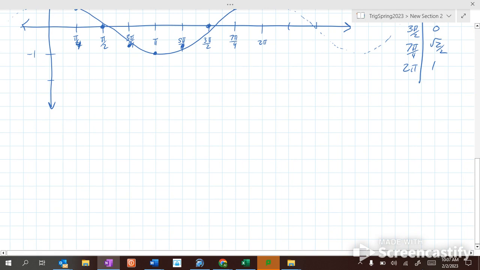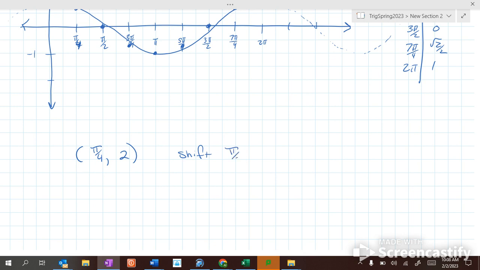So if we have the point pi over 4, 2, and I want to shift that point pi over 2 to the right, where will that point end up?